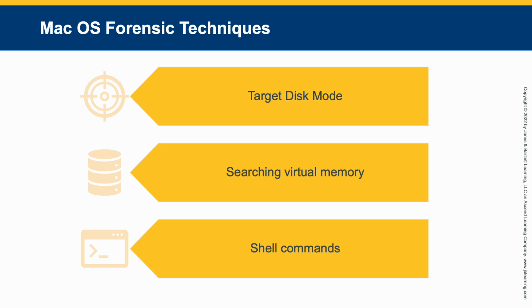Additionally, investigators should be familiar with Mac OS specific features and artifacts such as Time Machine backups, Spotlight indexes, and iCloud synchronization, which can contain valuable evidence. Keeping up to date with the latest Mac OS releases and forensic techniques is crucial for effective investigations, as the operating system and its features continue to evolve.